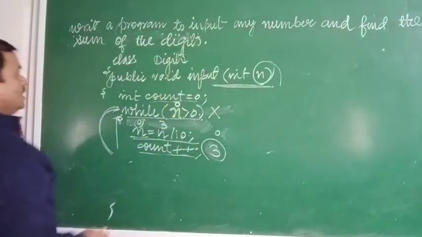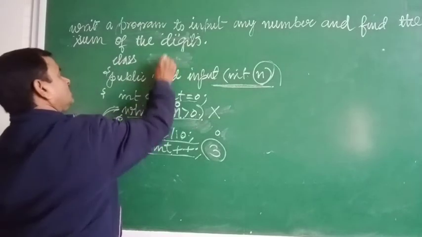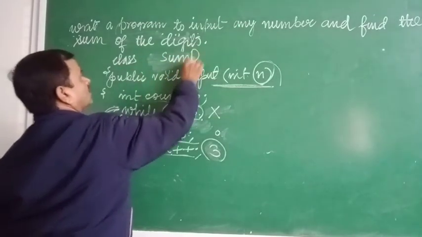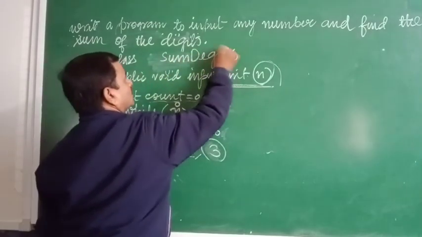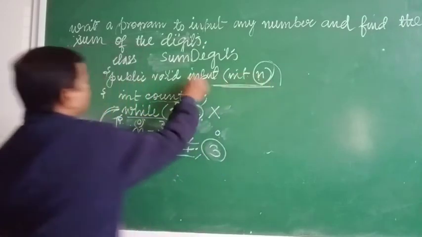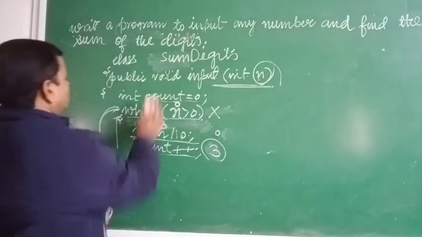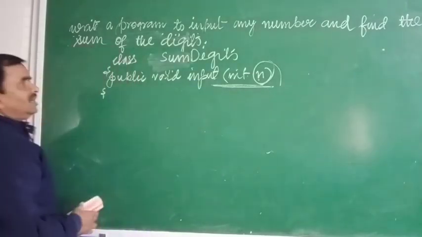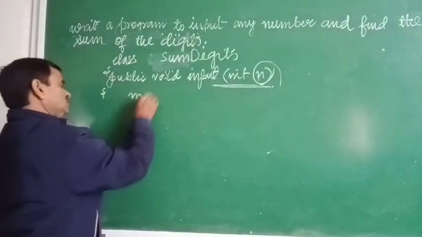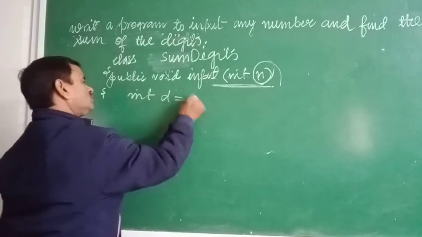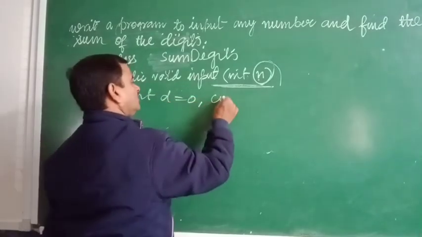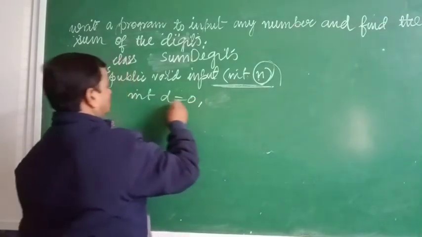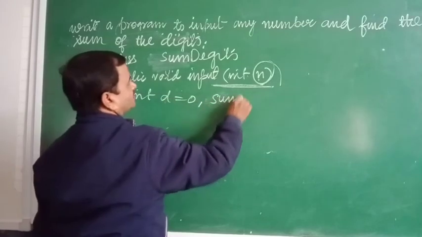This is here, just class SumDigits. Here int check, provide input, count, no need. Now here some variables will be changed. I am writing here int d equal to 0 and sum equal to 0.